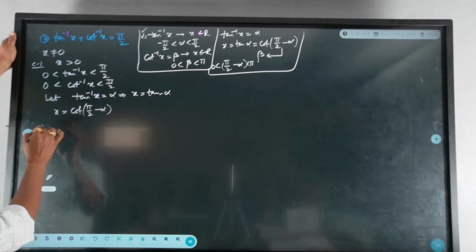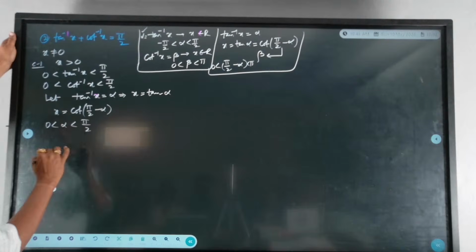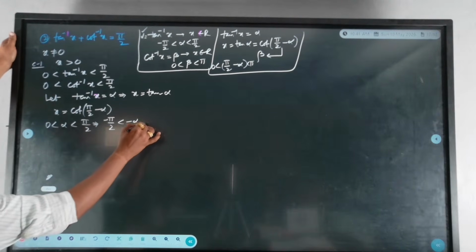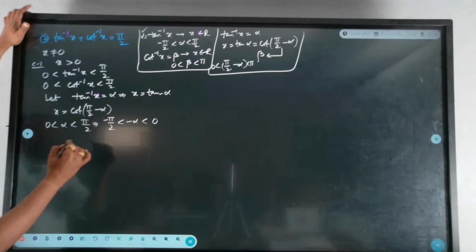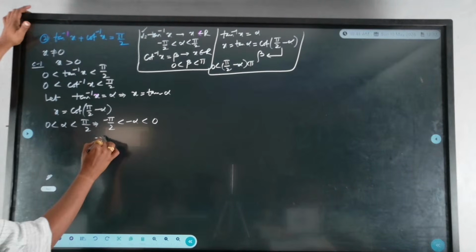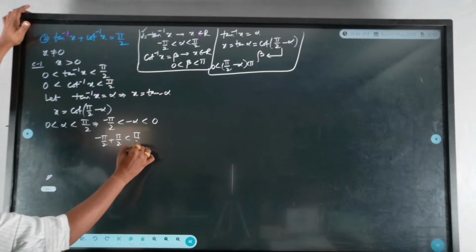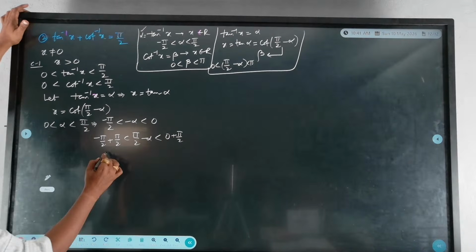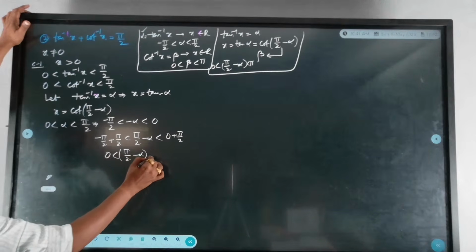Once verify here. 0 less than alpha less than pi by 2. Minus pi by 2 less than minus alpha less than 0. Multiply with minus, add pi by 2. Minus pi by 2 plus pi by 2 less than pi by 2 minus alpha less than 0 plus pi by 2. So 0 less than pi by 2 minus alpha less than pi by 2.